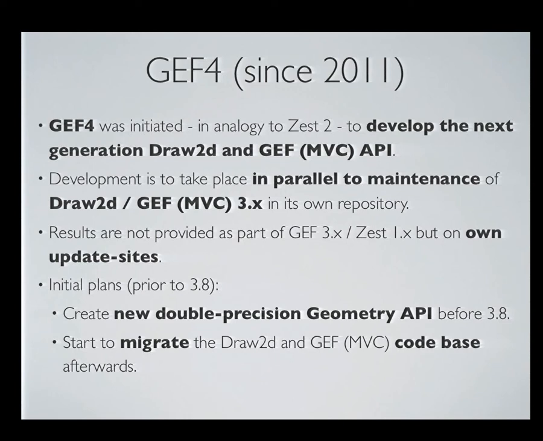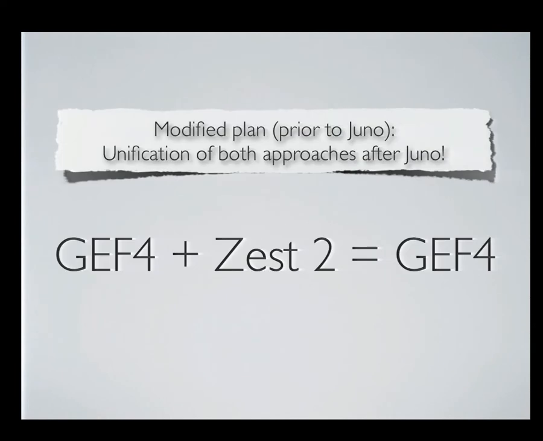So ZEST2 and GEF4 were initiatives which were basically evolving parallel to each other. And then we talked with each other and we thought it would be a good idea to join these efforts. So we agreed on having just one single initiative after the Juno release, and that means that we want to merge GEF4 and ZEST2 into a single approach, and we decided to call it GEF4 because that denotes that we are developing the next generation of the overall GEF project within it.